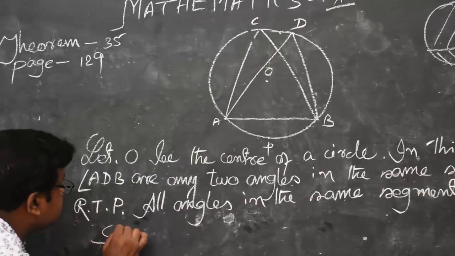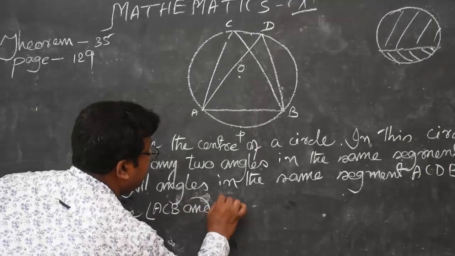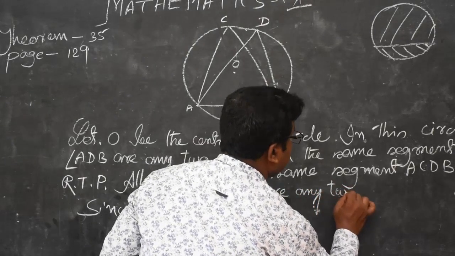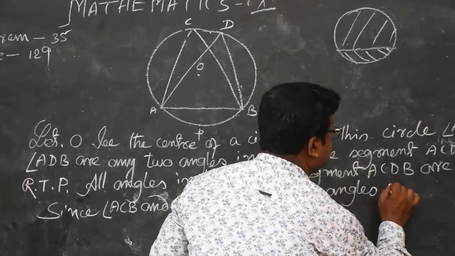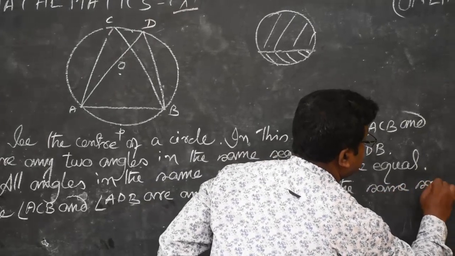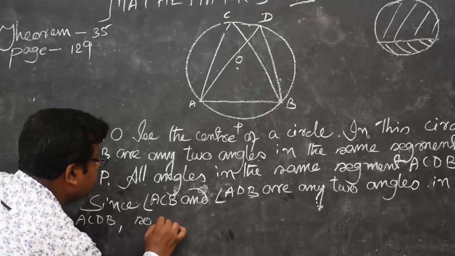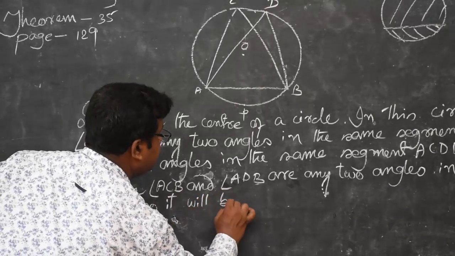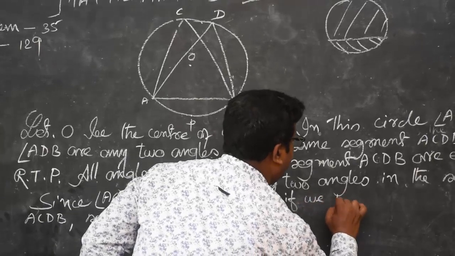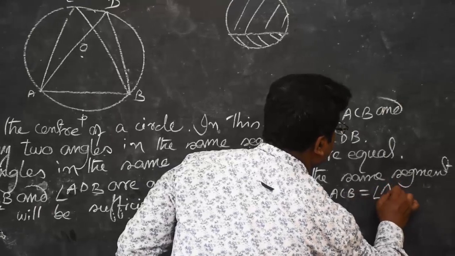Now you have to write: since angle ACB and angle ADB are any two angles in the same segment ACDB, it will be sufficient if we prove that angle ACB equal to angle ADB.